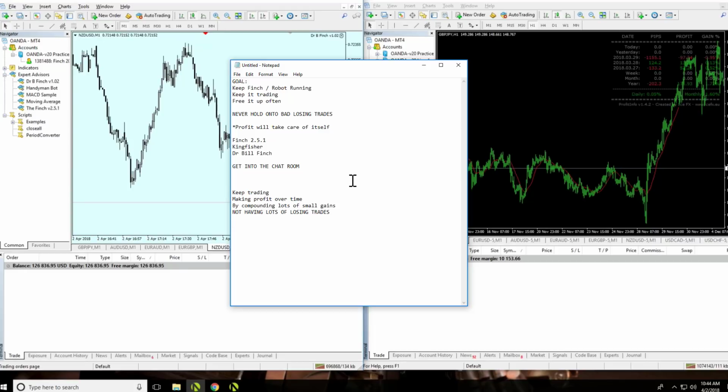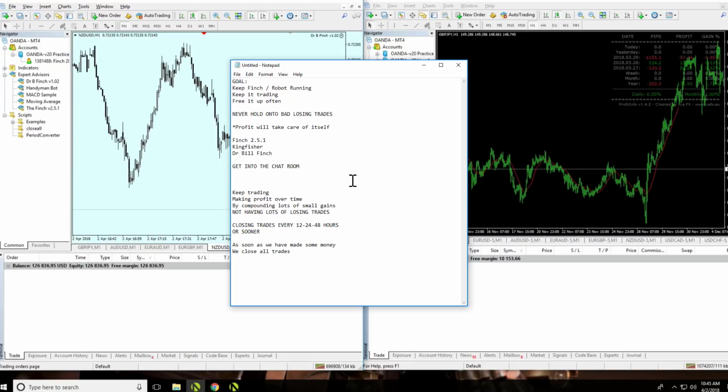Okay, we got that. We're all good here. Now, here's what we want to do next. We want to make sure that we're closing trades every 12 to 24 to 48 hours or sooner. As soon as the account makes money, we close all trades, even the losers.